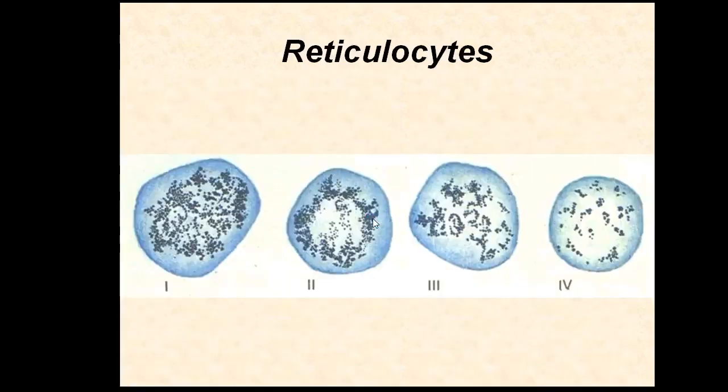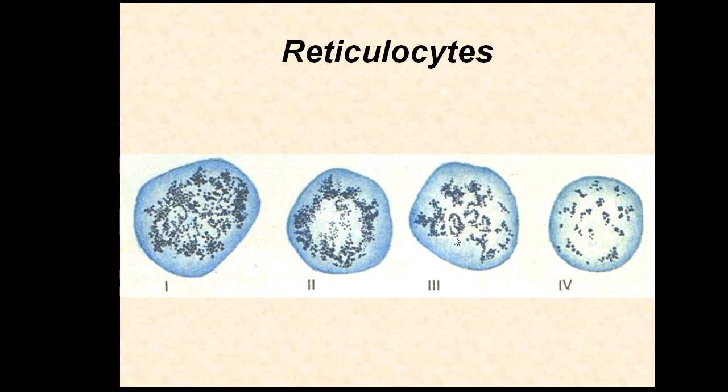The second line in hemogram is occupied by the reticulocytes. Reticulocytes are young erythrocytes which have some organelles, residual organelles, in the cytoplasm.